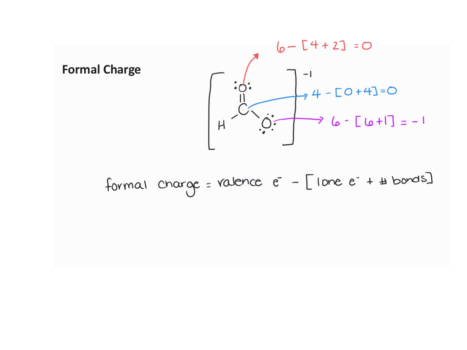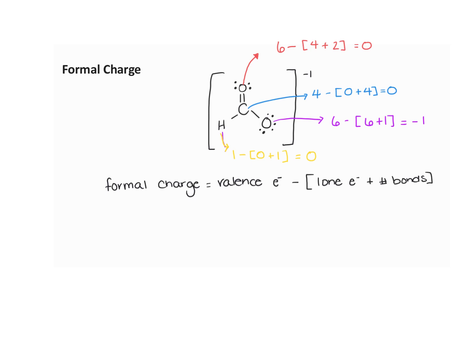That gives us -1. And then on this hydrogen, hydrogen has 1 valence electron minus no lone electrons and 1 bond. And that gives us 0 as well. So that tells us that negative charge density is there on the oxygen. That oxygen has a formal charge of -1.